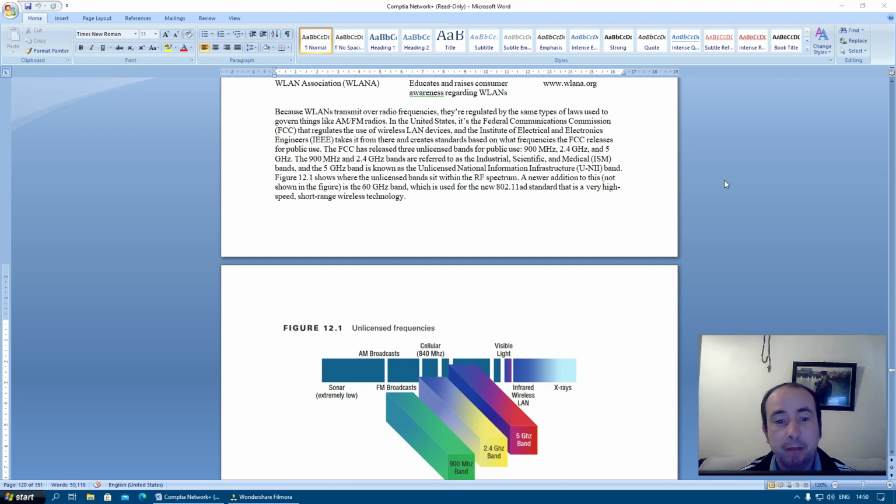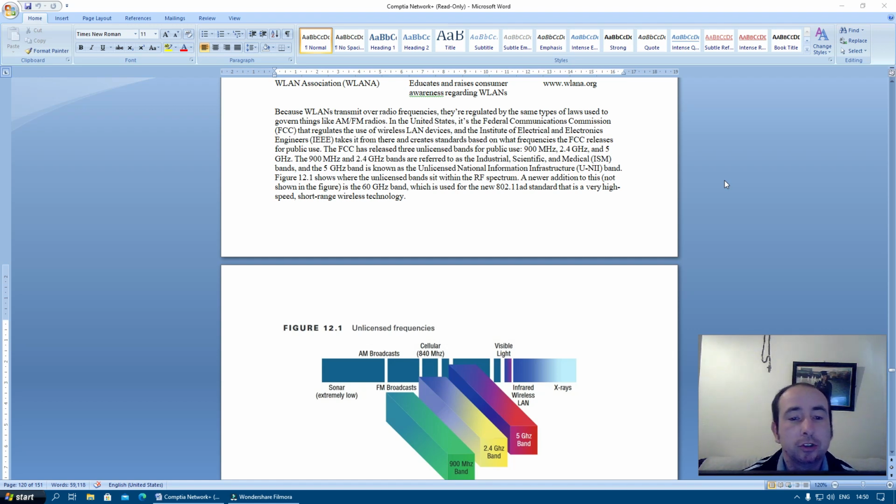The 900 megahertz and 2.4 gigahertz bands are referred to as the industrial, scientific and medical (ISM) bands, and the 5 gigahertz band is known as the Unlicensed National Information Infrastructure (UNII) band.